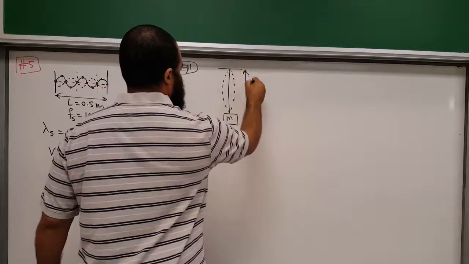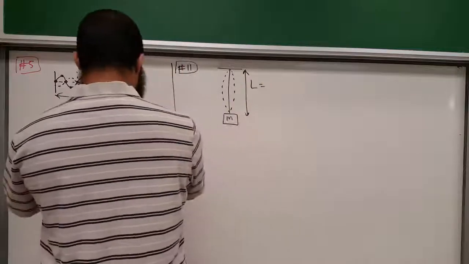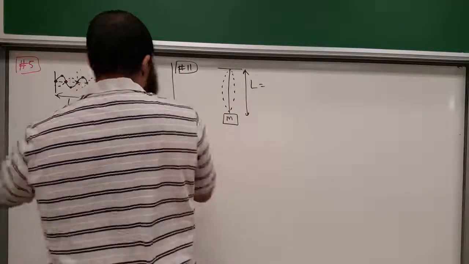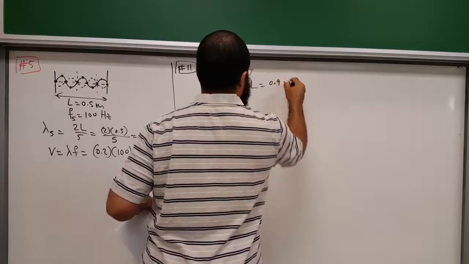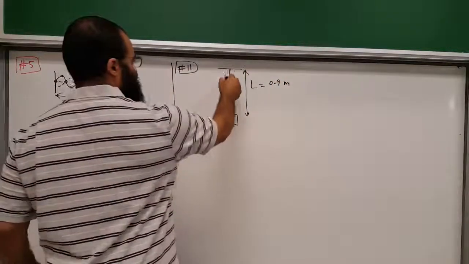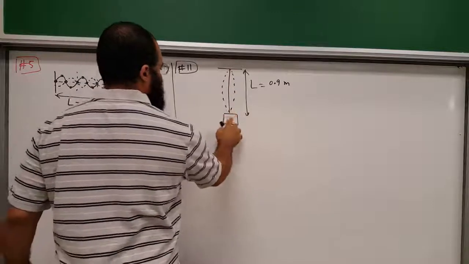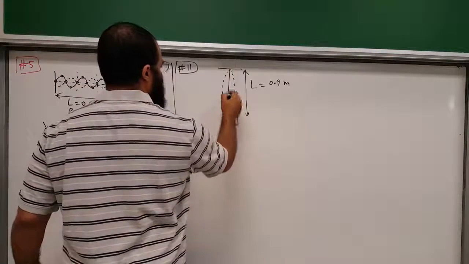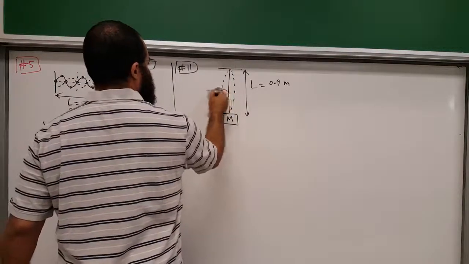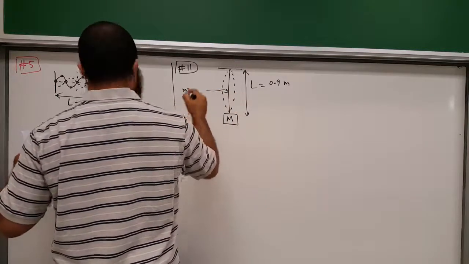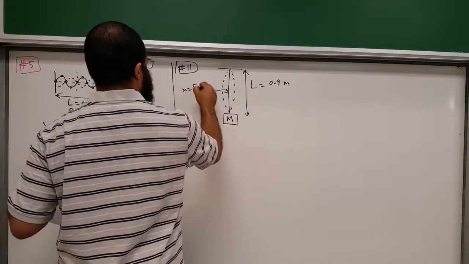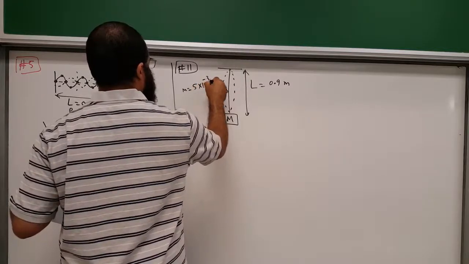And L is 90 centimeters or 0.9 meters. The wire itself, let me call this one capital M, has mass little m equal to 5 grams, so 5 times 10 to the minus 3 kilograms.